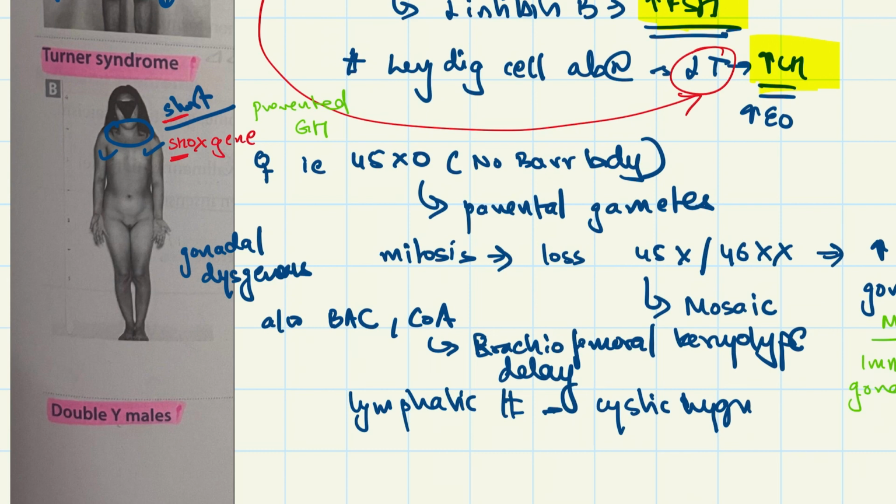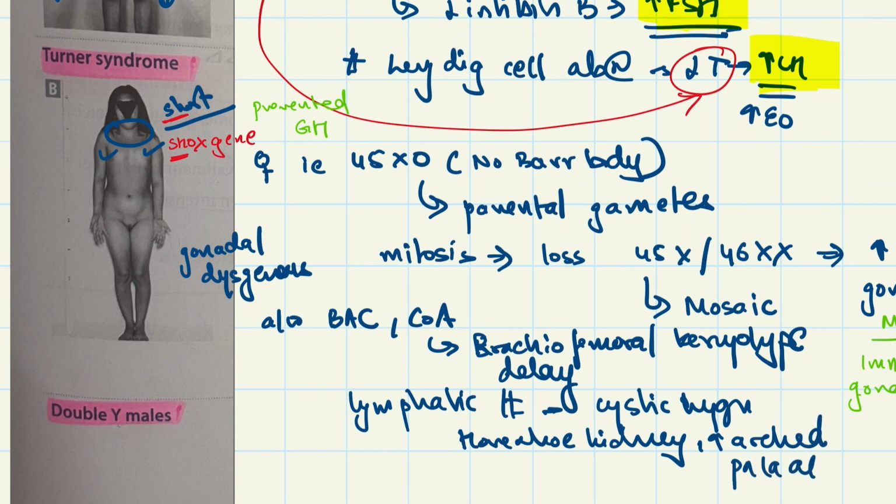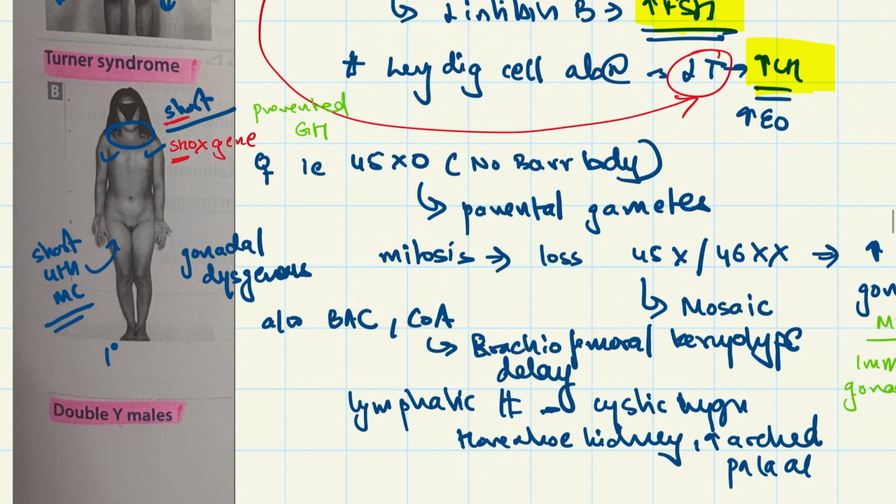Other associations are horseshoe kidney, high arched palate, a short fourth metacarpal, primary amenorrhea. There is menopause before menarche.